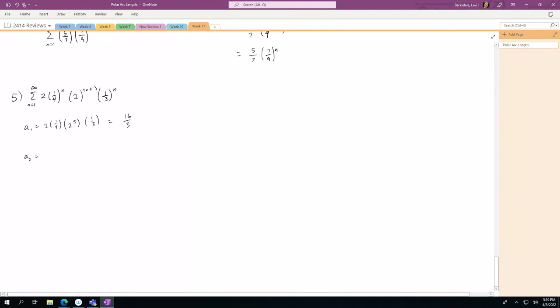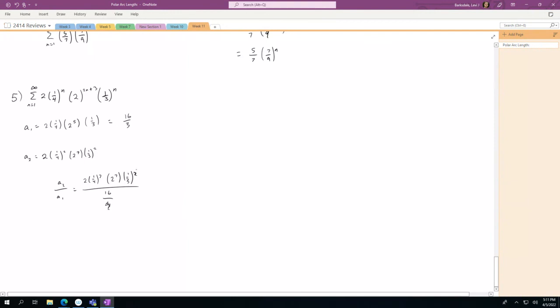Okay, our second term is going to be 2 times 1/4 squared times 2 to the 7th times 1/3 squared. Right? Okay, and if we do a2 divided by a1, we have what is essentially 2 times 1/4 squared times 2 to the 7th times 1/3 squared, all over 16 over 3.